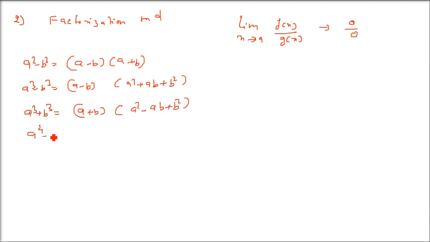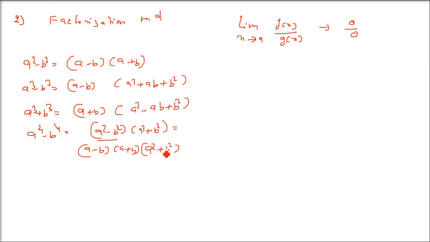Then we have a to the power 4 minus b to the power 4. So here you get (a square minus b square)(a square plus b square). And this a square minus b square can also be opened, (a minus b)(a plus b), so (a square plus b square). So these formulas we are going to use a lot.